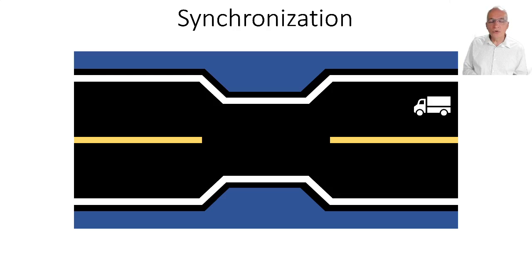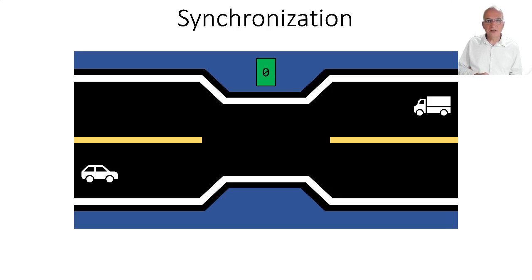We're going to improve this part of the road by creating a semaphore. The semaphore will indicate whether this narrow passage is free so that you can pass through, or whether it's occupied or reserved for someone else. Now that we have the semaphore, let's see if we can use it to prevent the collision.